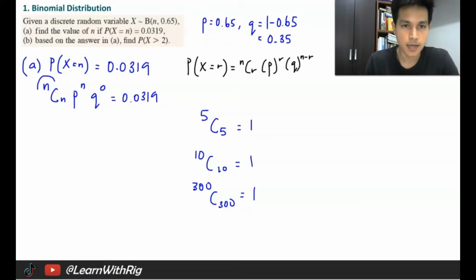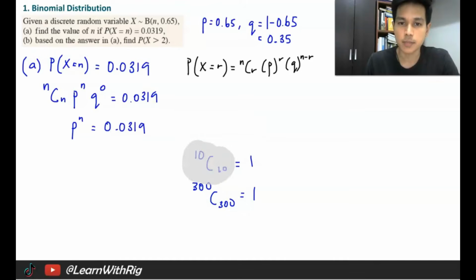So in this case, nCn, immediately you know that the value is 1. So you don't have to write this. What you're left with is p power n. q power 0 is also equal to 1, so I don't have to write it. So from here I know that p power n is equal to 0.0319. Okay, so this is actually a very common type of question. You all should take note of this.